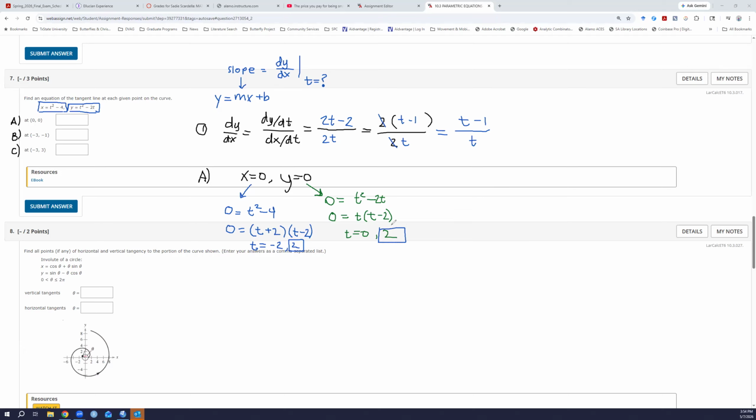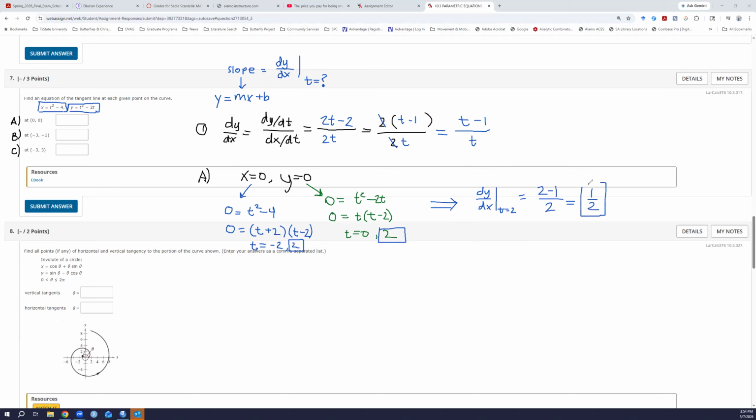So what we want to do for part A is evaluate this derivative at the t value of 2. So what this will imply for us is that our derivative, dy/dx, evaluated at t equals 2, should be (2 minus 1) over 2, which is just 1 over 2.